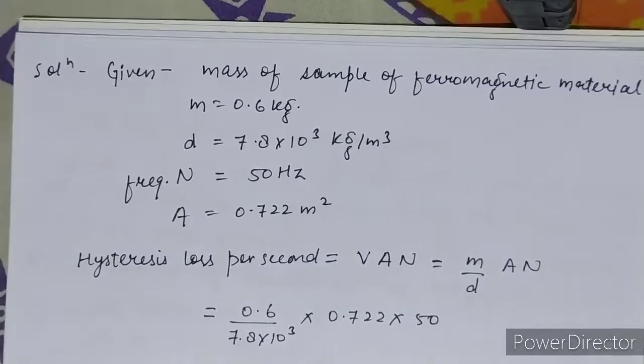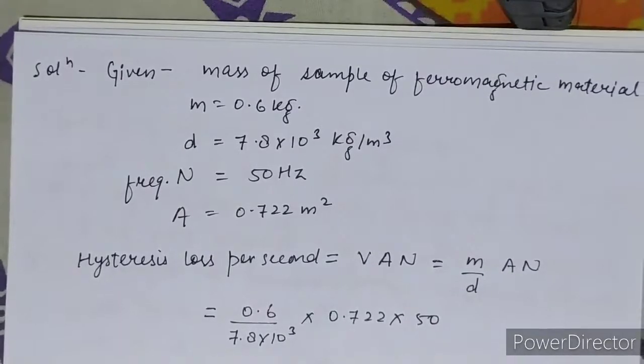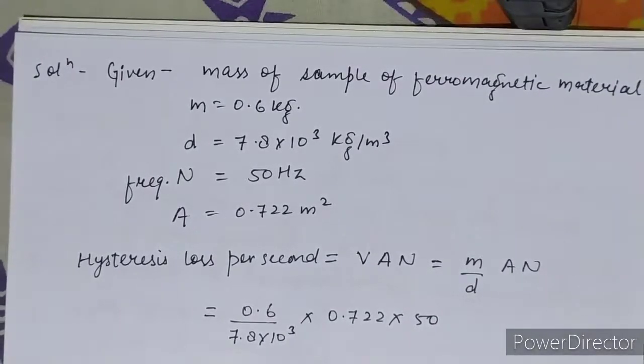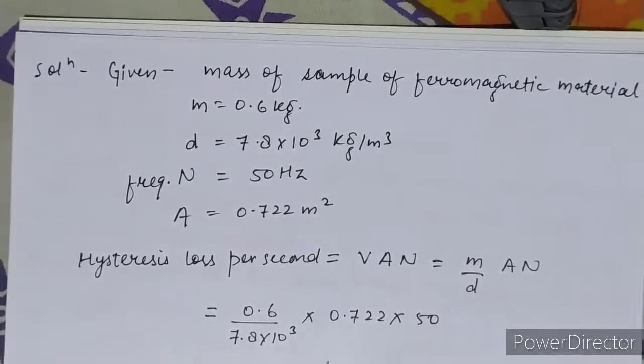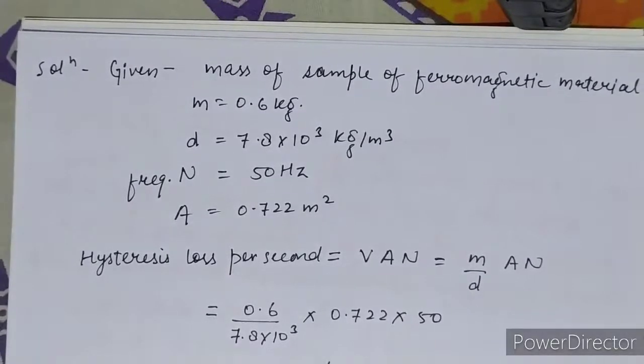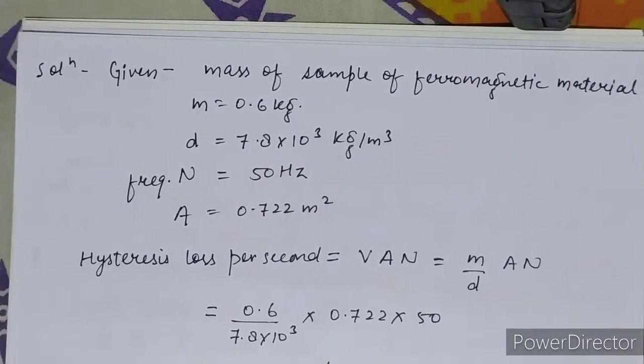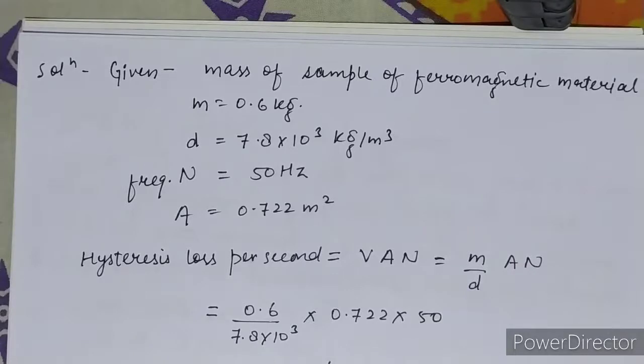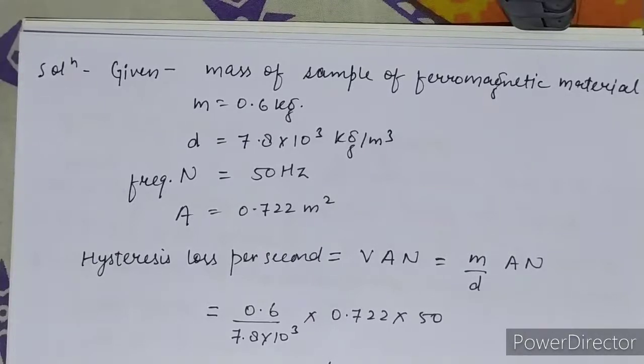Now when you calculate this hysteresis loss per second, you get the value 2.77 into 10 to the power minus 4 joule. Why am I writing the unit joule here? Because the hysteresis loss is the energy which has not been recovered at the time of demagnetization, which we gave at the time of magnetization.